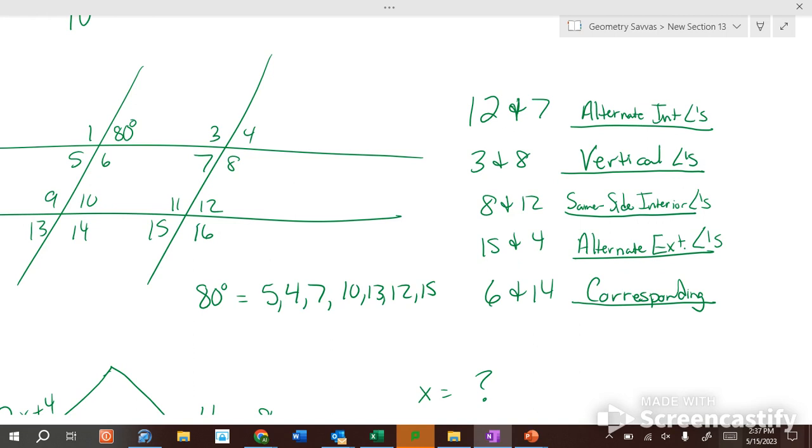That's assuming both pairs of lines are going to be parallel. That's assuming this is parallel to this and this is parallel to this. So how big are angles 1, 6, 3, 8, 9, 14, and 11 and 16? They're all 100 degrees.